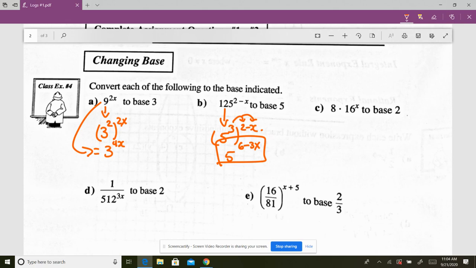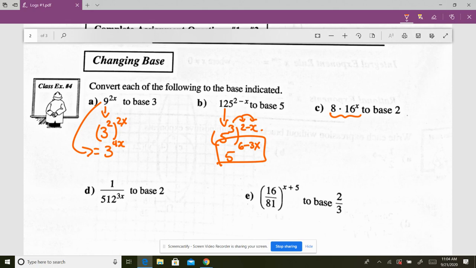All right. 8 times 16 to the power of x. That whole expression, I want to change to base 2, a single term. So deal with each one separately. You cannot multiply the 8 and the 16. The reason you can't is because the 16 has an exponent on it. If the 16 was just to the power of 1, you could do that.